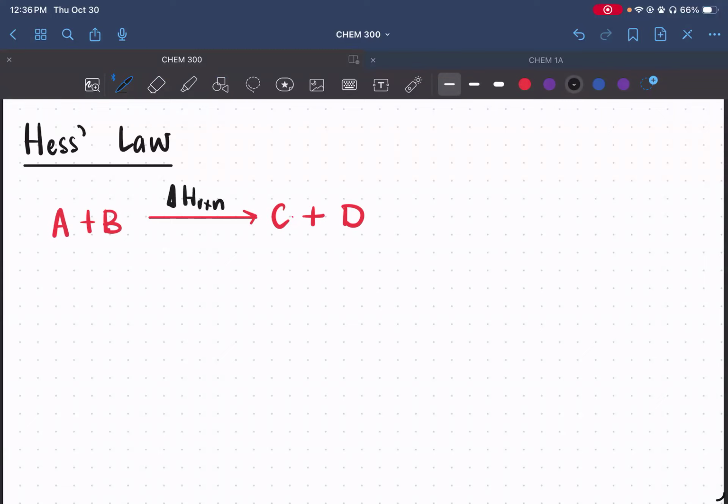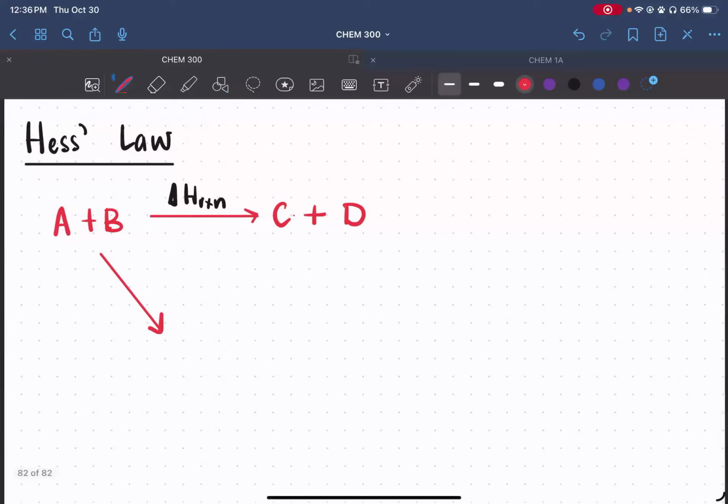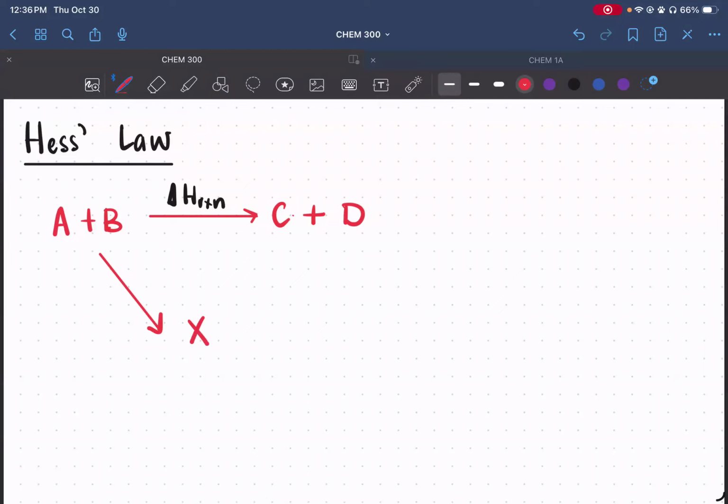But Hess's law believes that A and B can go through what's known as an intermediate, another step, before going to C and D.